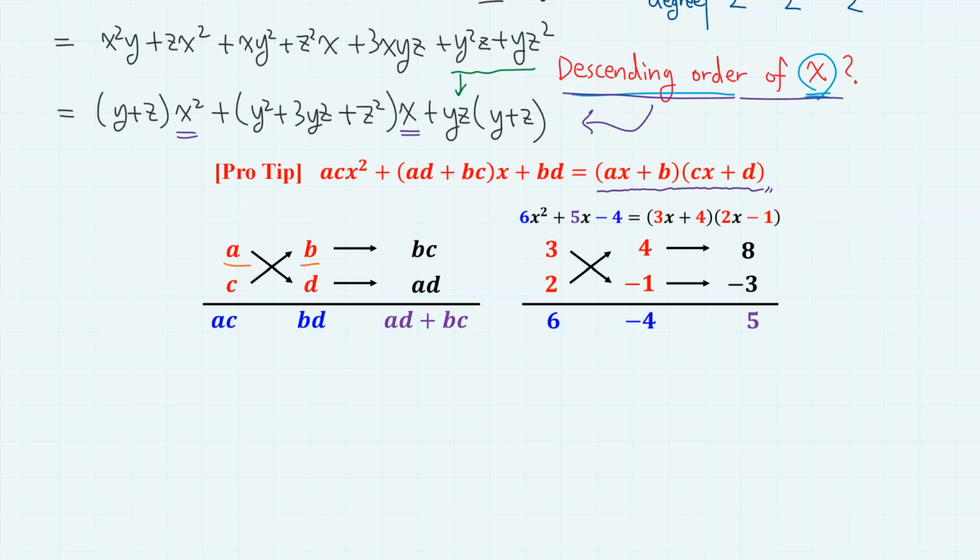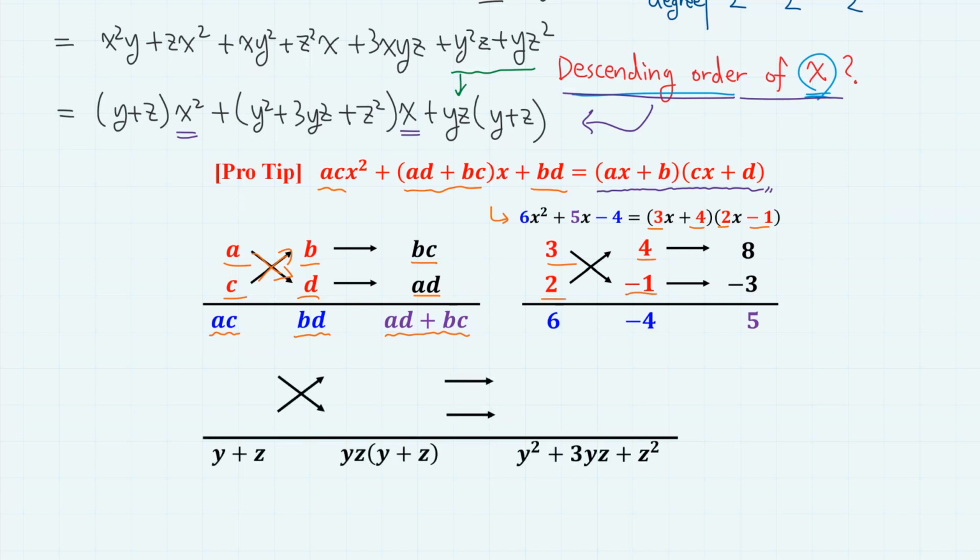Basically, we have to guess these coefficients a, b, c, and d so that they give ac, the coefficient of the x² term, and bd, the constant term, and then if we multiply like this to obtain bc and ad and add them up, they give ad + bc, the coefficient of the x term. Using this trick, you can easily factorize polynomials like 6x² + 5x − 4 by guessing these coefficients 3, 4, 2, and −1.